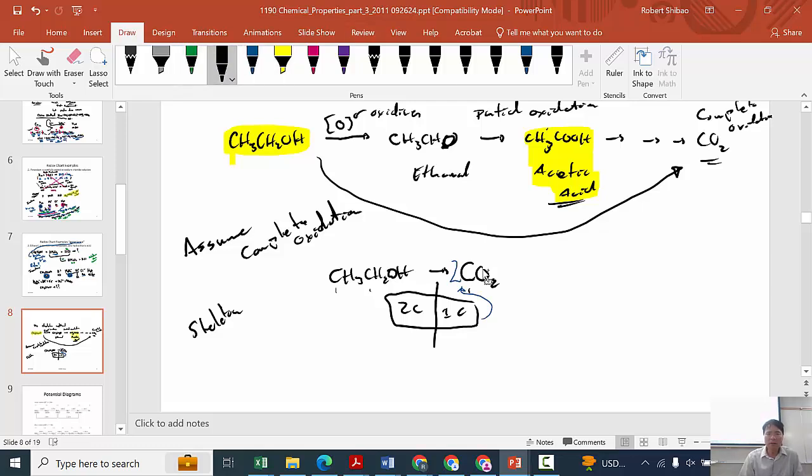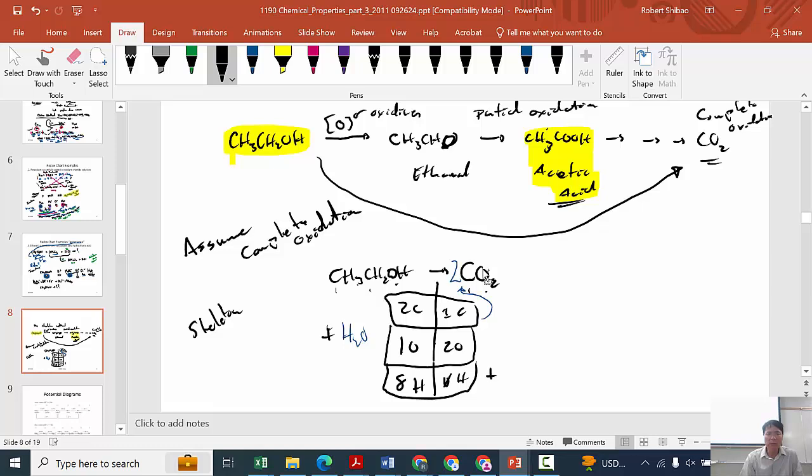All right, then over here I have 1 oxygen. Over here I have 2 oxygens. So I'm going to add 1 H2O over here. So plus an H2O. And then let's take a look at the hydrogens. Over here I have 3, 6, 8 hydrogens. Over here I have 0 hydrogens.